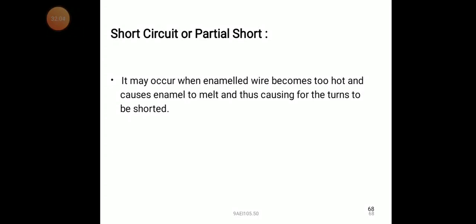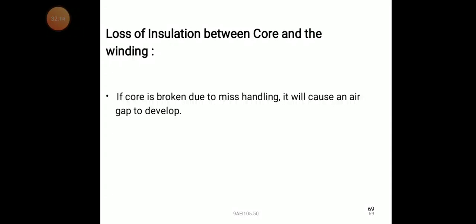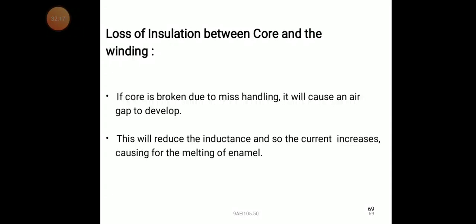Because of the melting of the enamel, the turns are shorted. So that is called the short circuit or partial short circuit of the inductor or transformer. Next one is the loss of insulation between core and the windings.